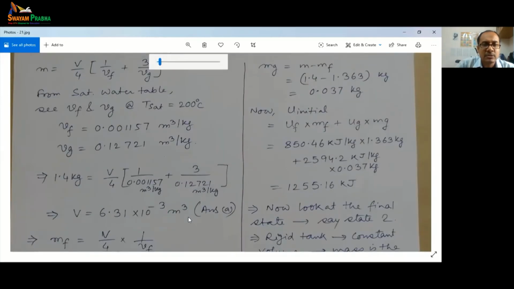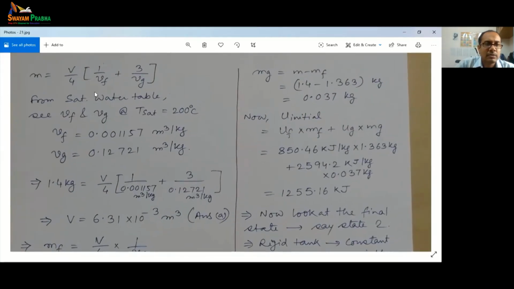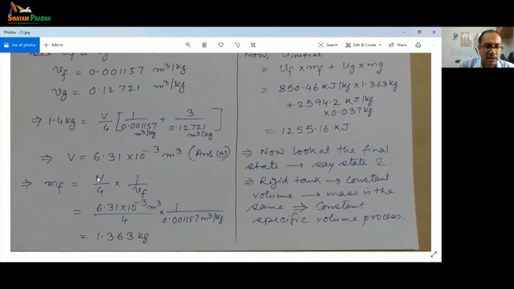If we substitute these values along with the mass of 1.4 kg which is given, we get this equation. After doing this algebra, the volume of the container will be 6.31 into 10 to the power minus 3 meter cube. That's the first answer we are looking for.